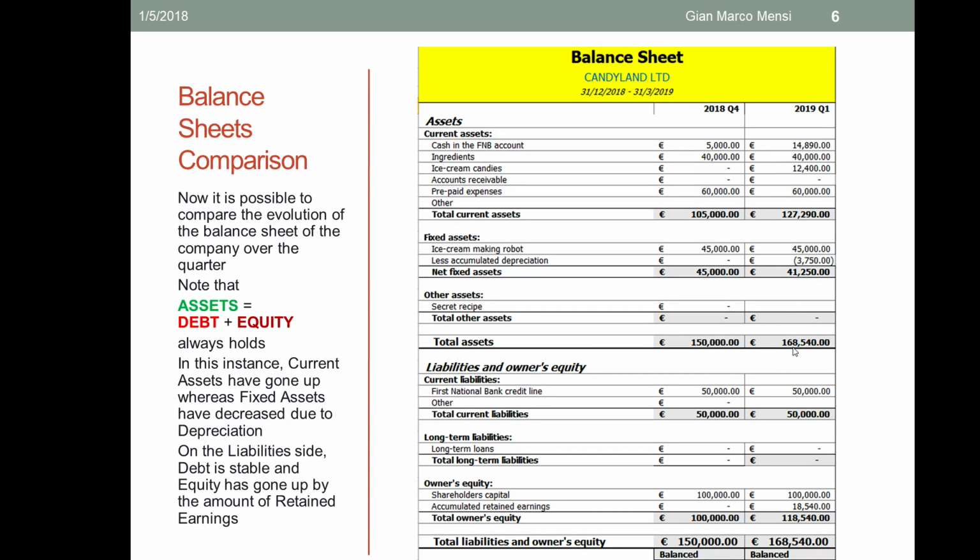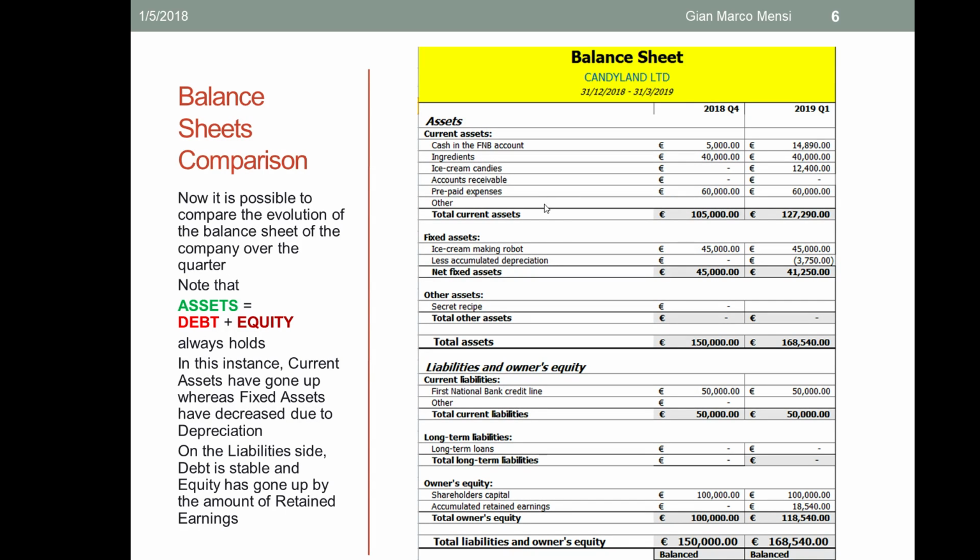What happened at the end of Q1 2019? Total assets have moved up to 168,540, and so have total liabilities. So again, the equation assets equals debt plus equity always holds. At the same time, you can find your equity as the difference between assets and debt.